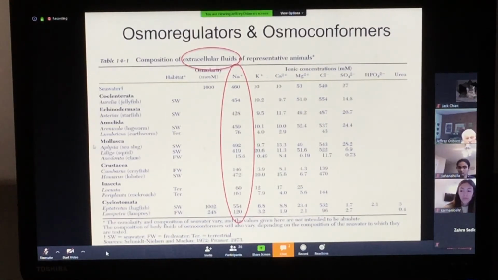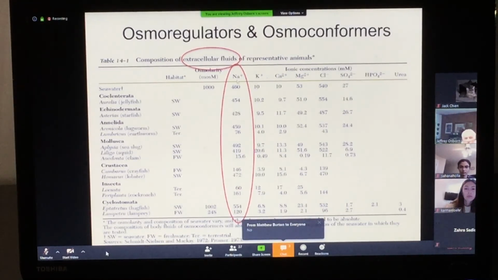Now, some organisms, like the squid, have evolved so that they can deal with 20.6 millimolar potassium in their internal environment. If our potassium concentration inside of us gets up to 10, 11, or 12, we go into cardiac arrest. We're in big trouble. But other organisms have evolved in different ways. So we're also going to talk about, in terms of kidney function, how we not only control sodium in the internal environment and concentration of sodium chloride, but also that of potassium and potassium chloride.